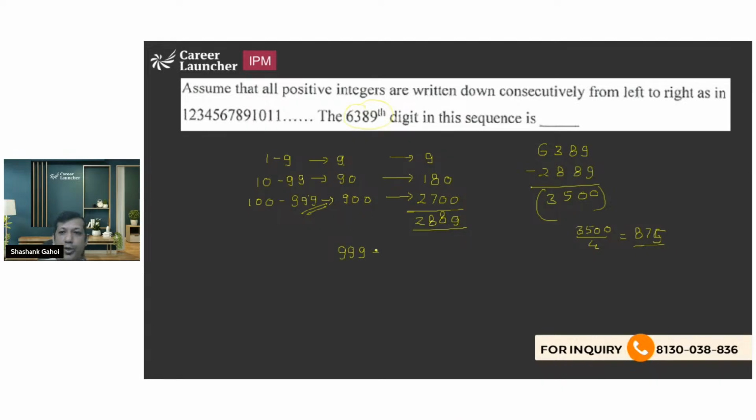That is going to be 999 plus 875, and that comes out to be 1874. So the last number that we are going to write is 1874, and the last digit of this number, which is 4, is going to be this digit. If the 8th digit had been asked, that would have been 7.